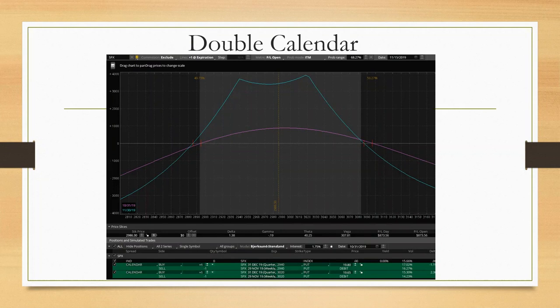Theoretically, if you go further out in time, let's say 2 years out, those options are going to be decaying very slowly compared to something that is, say, 60 days to expiration or even less. So we're leveraging the time decay differential, and this is how we do it.